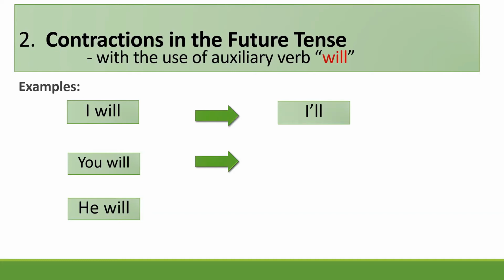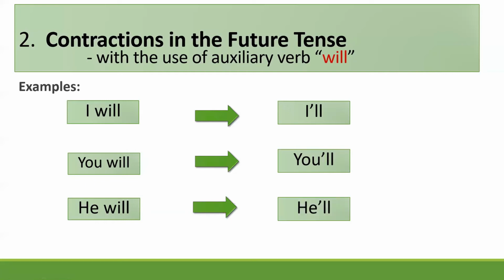This will become, what do you think? It will become you'll. We remove W and I and replace them with an apostrophe. And the third phrase, he will, will become he'll. So these are examples of contractions in the future tense.